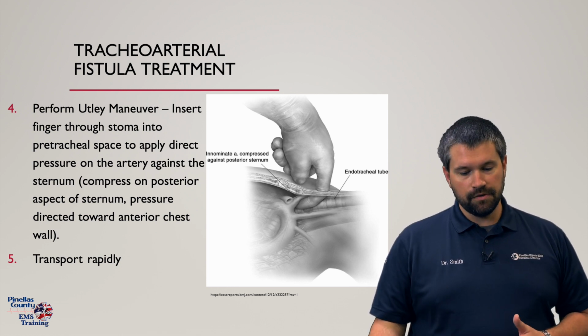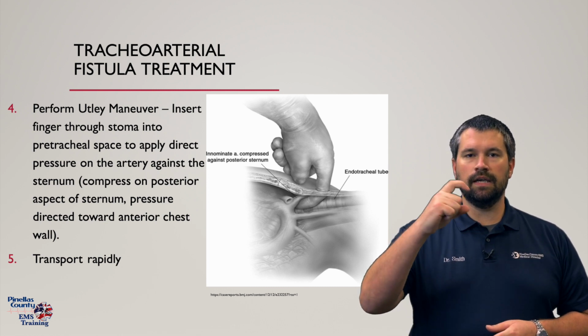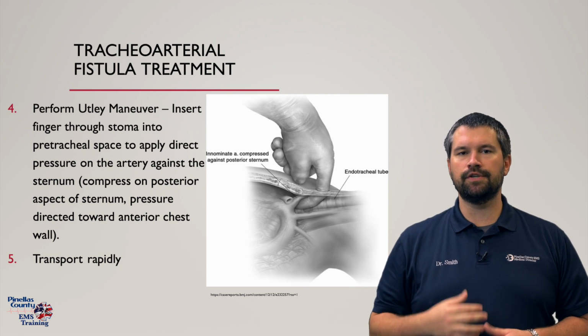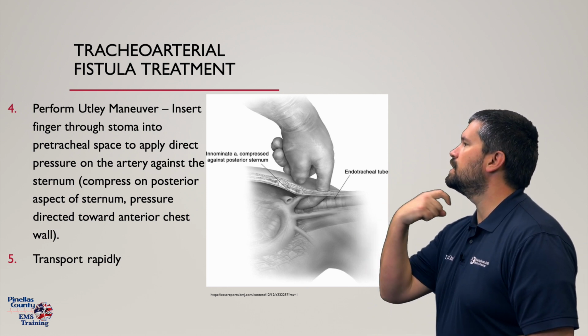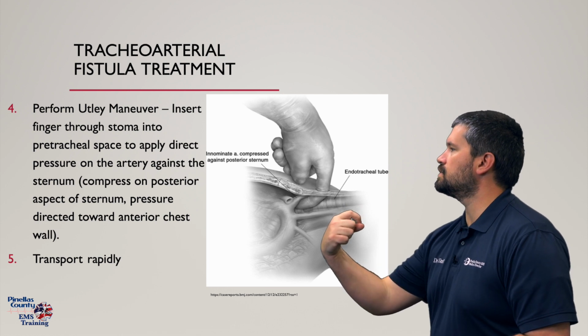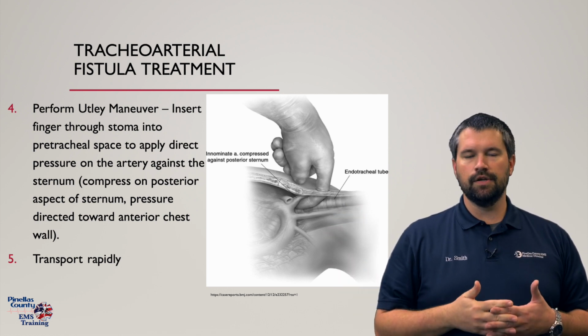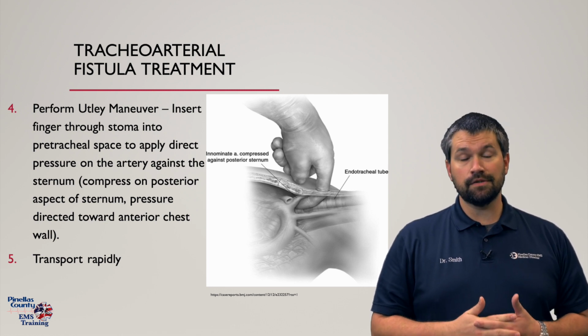What this picture shows to the left: you insert your finger through the stoma, hooking it around so you can actually pull forward and apply pressure anterior to the chest. So from the side, you would actually go in, hook, and pull this way. Your goal is to provide direct compression to that arterial bleed. After this, transport rapidly.